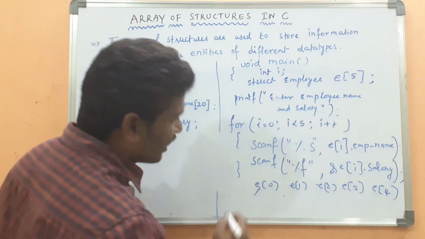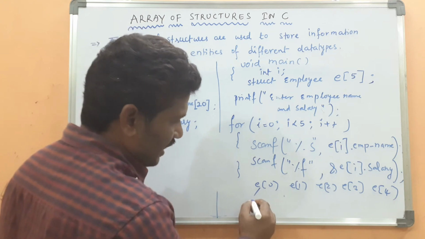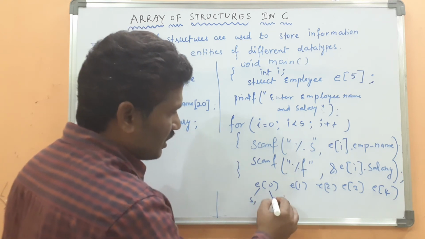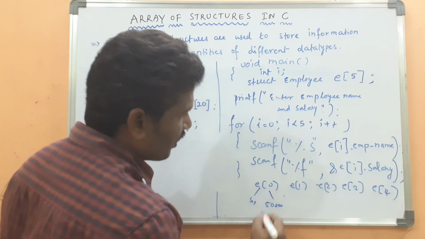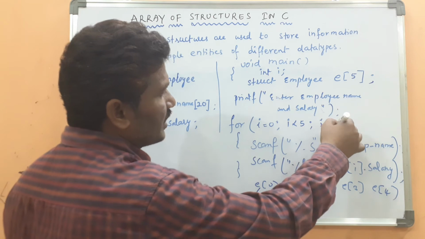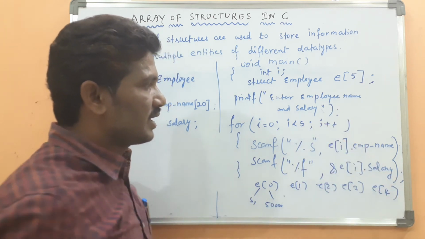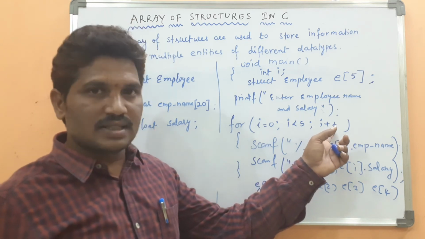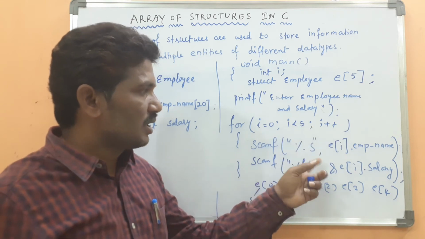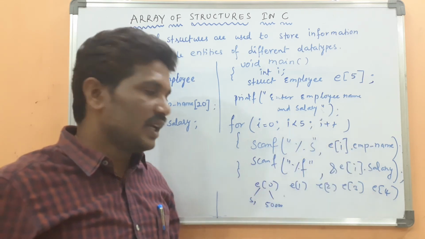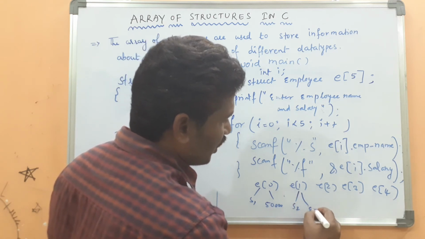Here E of 0 can contain some information, employee name suppose S1, then salary suppose 5,000. If you enter second details, the condition I value 0. After entering the first data, the I value is increased by 1. Then I value becomes 1, 1 less than 5 condition is true. Then again you have to enter the data of E of 1. Suppose S2, then 8,000 for example.